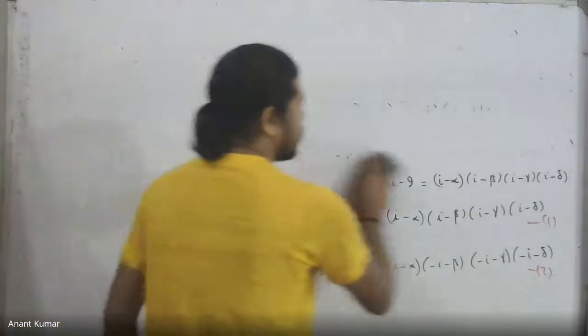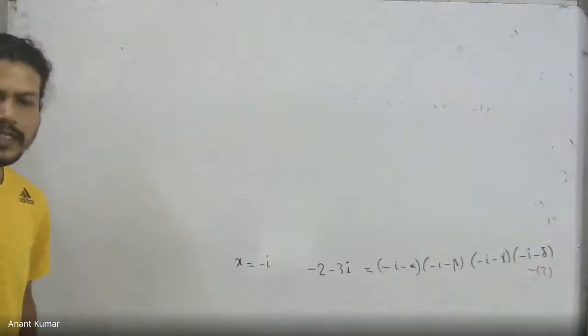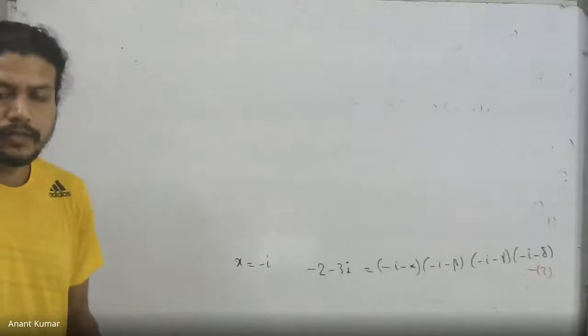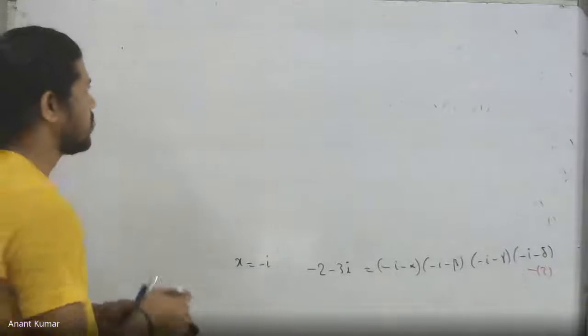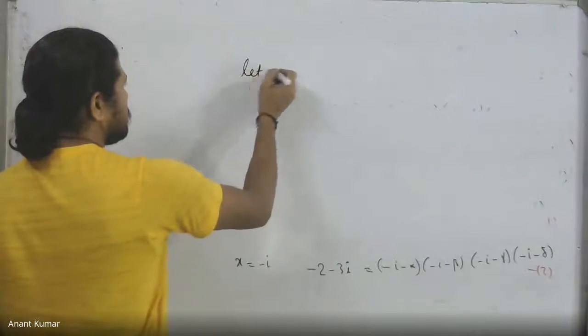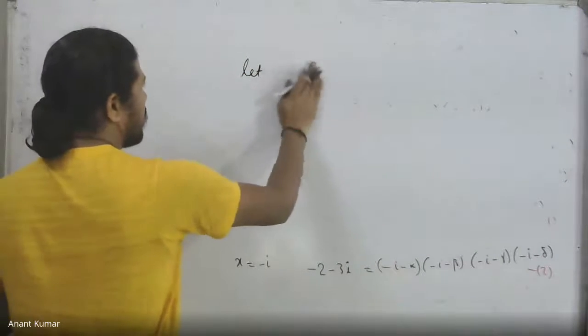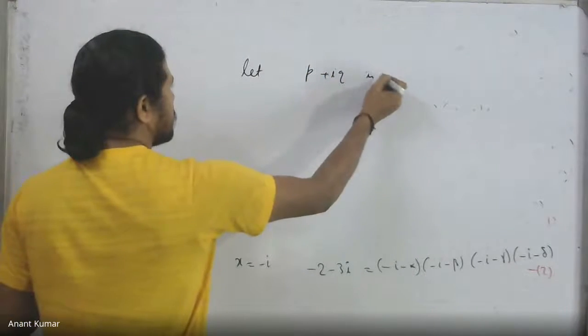Let us assume that we do have some roots which have a non-zero imaginary part. A and B are already used, so let's say p plus iq is a root.